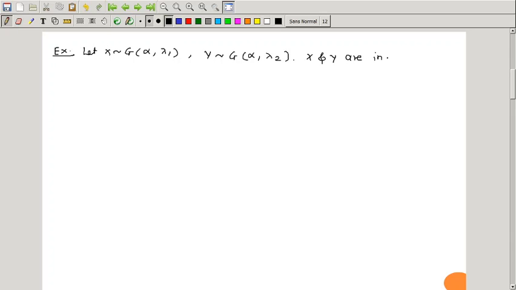This is the given information. Now we want to find the distribution of U, where U is X upon X plus Y.